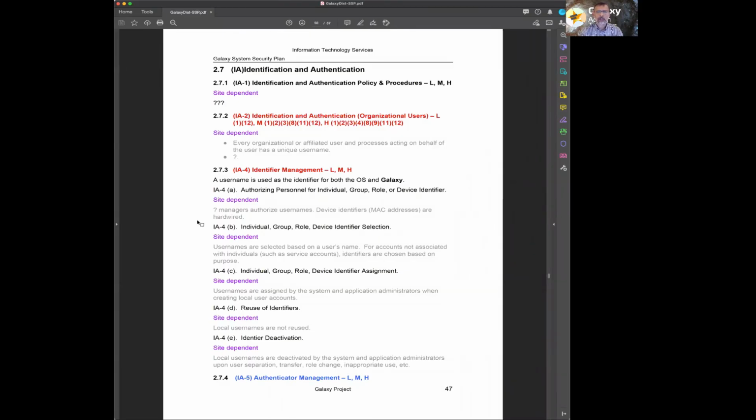Identification and authentication is the next control family, and this is where, while Galaxy provides you with namespaces, you may have your own institutional authentication that you might use. And if you do so, then you would need to make sure that that part is properly secured.